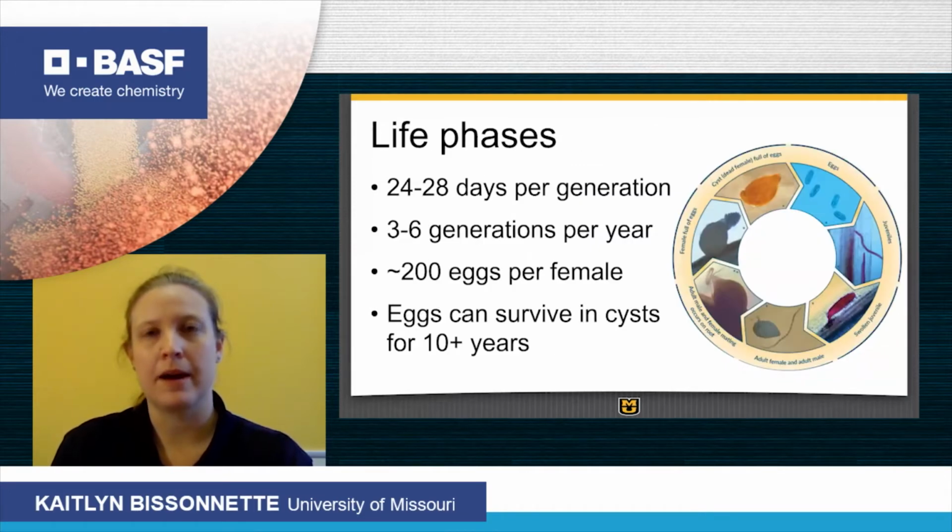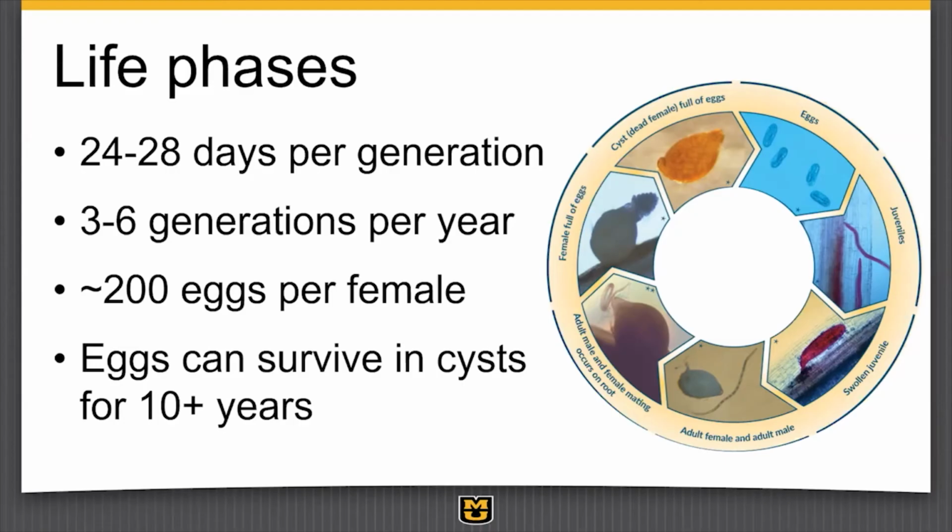Now, when we really think about the life phases of soybean cyst nematode and how that impacts yield over time, we really think about the number of generations that we find of soybean cyst nematode in a season. So there's about 24 to 28 days for one life cycle to be completed. That means each season there are 3 to 6 generations of soybean cyst nematode that can happen in a single field.